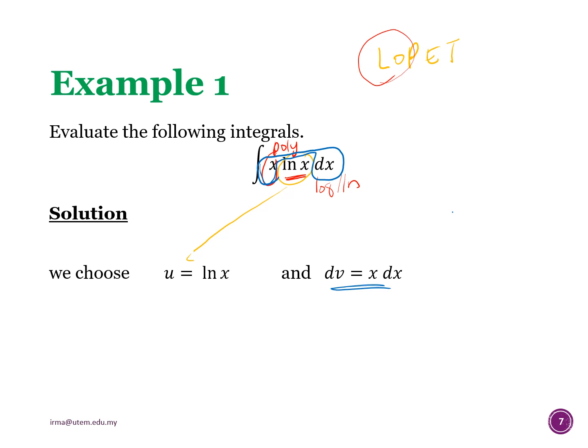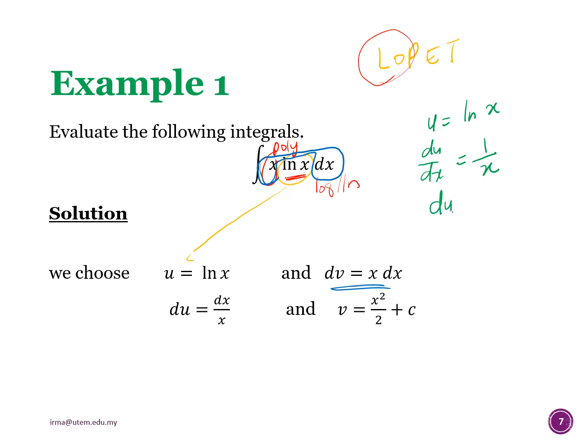So we have u and dv. From u we can find du. First we have du/dx. If u equals ln x, then du/dx is the derivative of ln x. You need to refresh your differentiation skills for this. It becomes 1 over x.